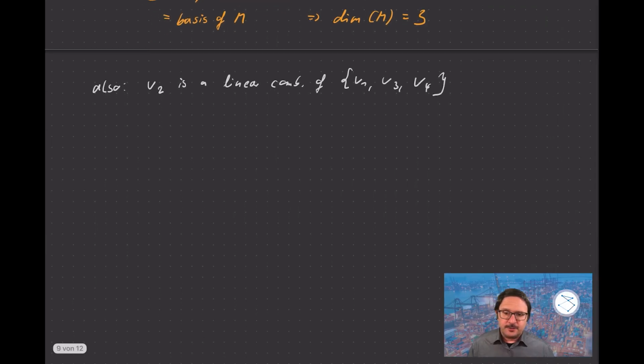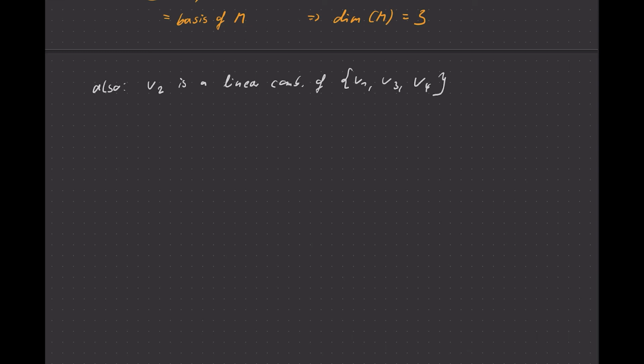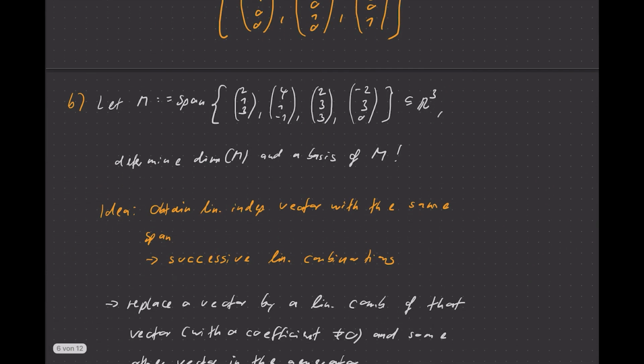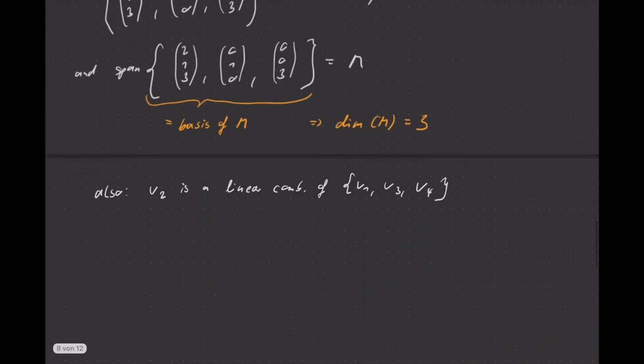So with that knowledge, we could also say we're taking V1, V3, and V4 as our basis, because we know that generates M. V2 can be eliminated because it's just a linear combination of those 3. And by now we also know the dimension of M is 3, so we need 3 vectors in our basis. We cannot eliminate another vector here. So if we do this, let's have a look back here. Then V1, V3, V4, that would be this set of vectors here. So that would also be a valid solution.